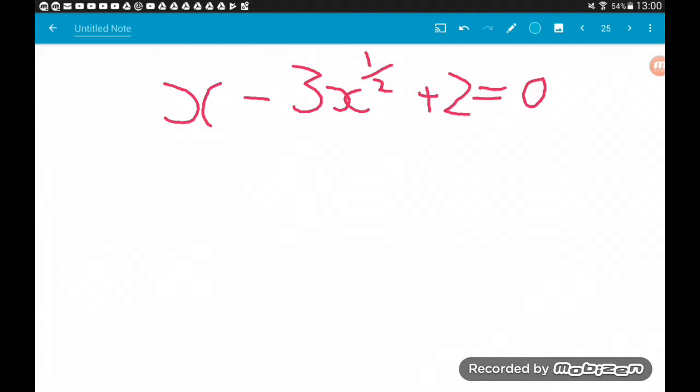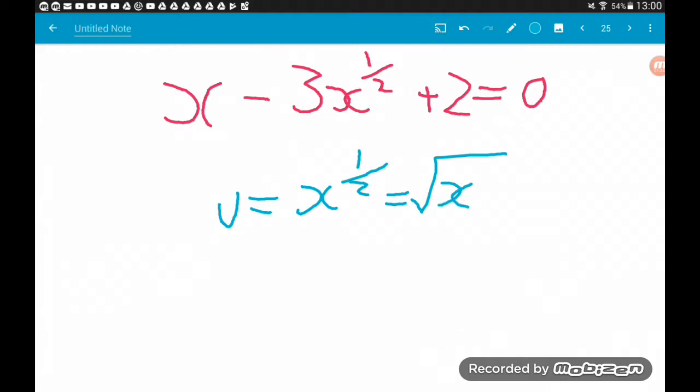What we're going to do, we're going to say that u is equal to x to the power of a half, which, remember, means the square root of x. So if we square both sides, we get u squared is equal to x. Well, that's handy.